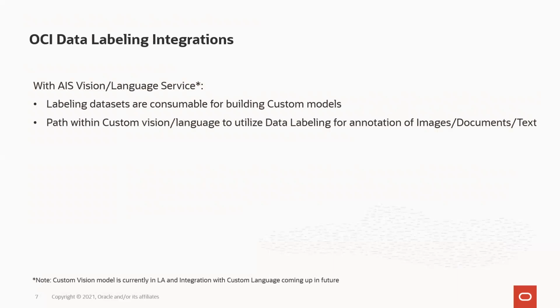One is our AI service, vision and language service, where you can go in and build your custom models. With the integration we have here, once you do the annotation, you don't need to do the transformation. You can easily use these exported data sets to build custom vision and language models.